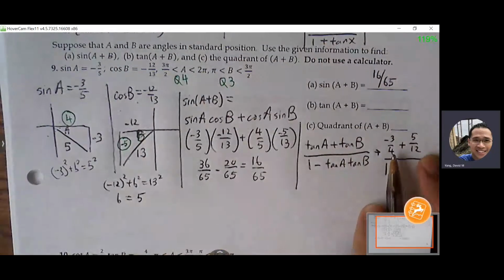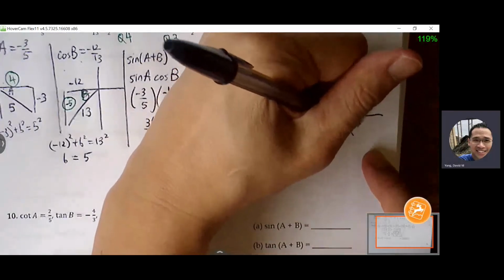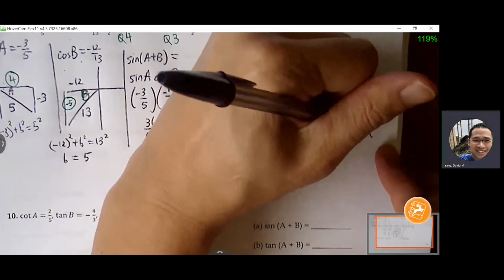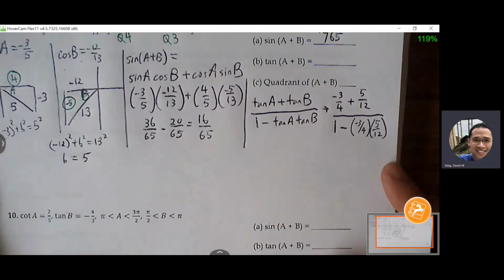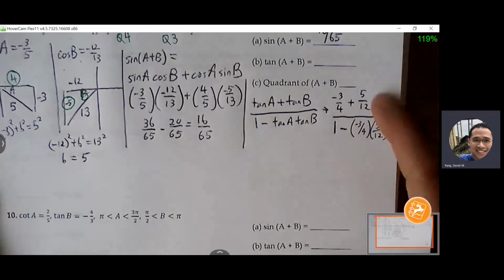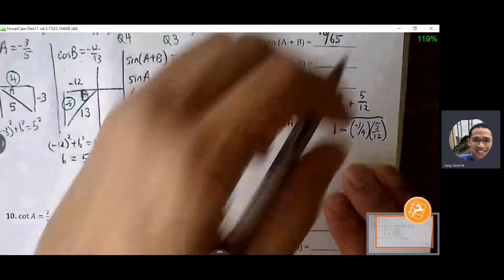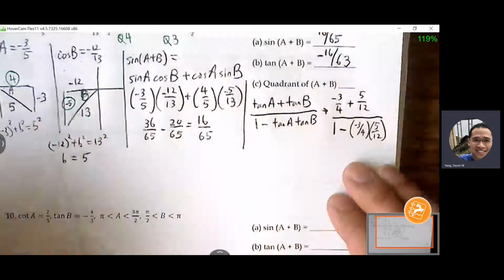We already have tangent A, tangent B, so just copy those over again. It says no calculators, but we have the answer. Just have to clean that up. It ends up giving us -16/63.